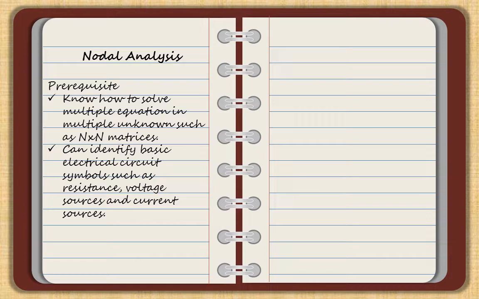If you don't know what these symbols are in a certain circuit, then you are not qualified to use nodal analysis, because you don't know what the unknowns are and what the relationships are between those components or elements in the circuit. It means you're still not a qualified engineering student.